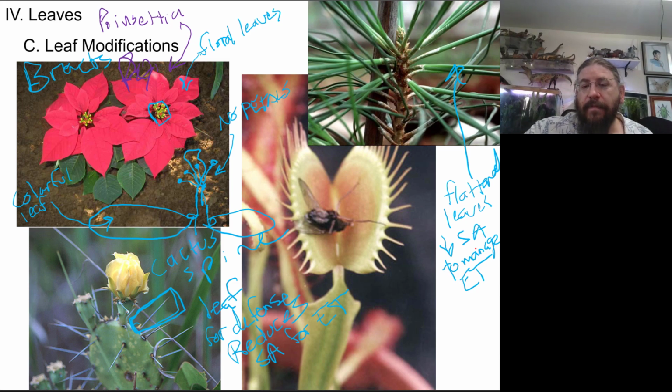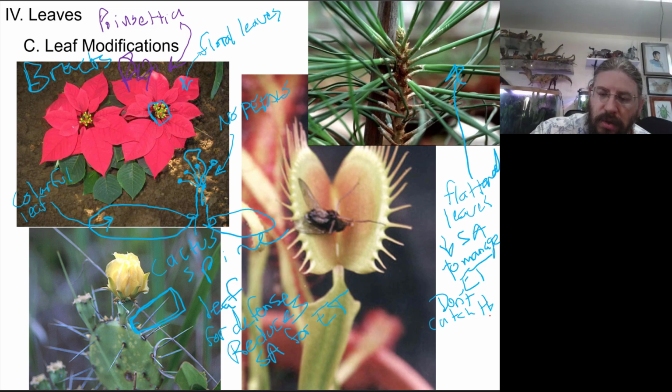Another cool thing about pine needles, being these flattened needle structures, is that they don't catch water. So not only do they reduce evapotranspiration by having a reduced surface area, but they don't catch water.